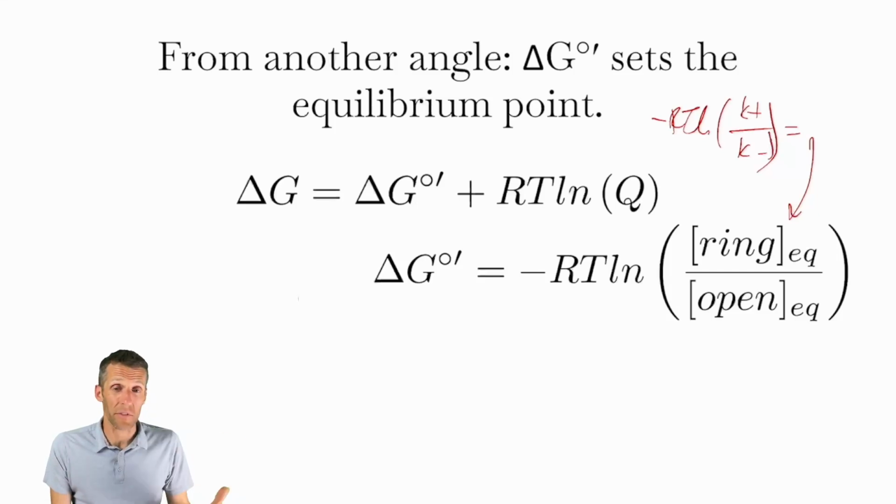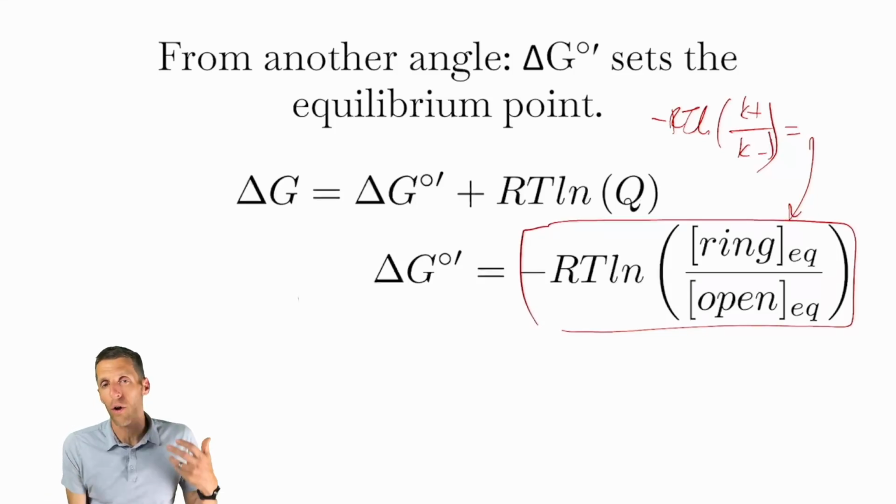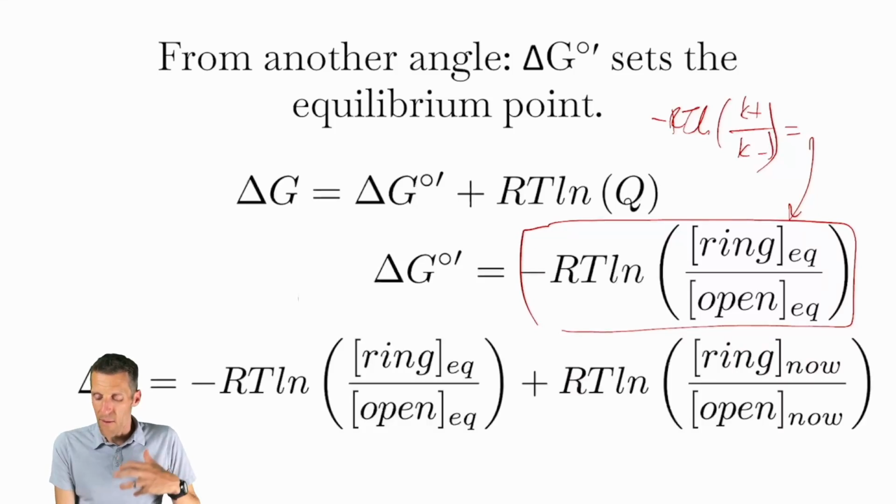This is also delta G naught prime, which says that delta G naught prime can be thought of as the log of the equilibrium reactant over product concentrations. If we substitute that in, and also expand Q so that Q is the current concentrations of ring and open, that shows an interesting thing.